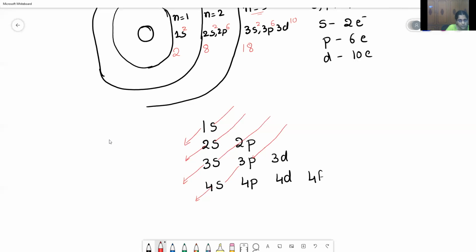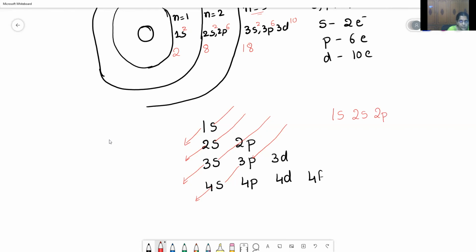Now we follow the arrows. The arrow passing through first is 1s, so 1s will get filled first. Next is 2s, then 2p.